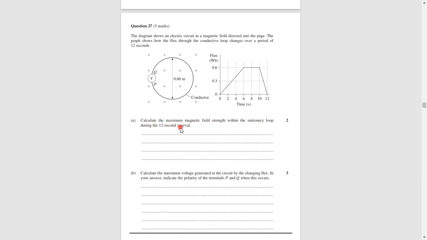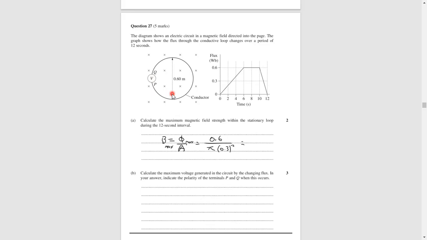Well, remember, magnetic field strength is basically magnetic flux density. So if you want maximum B, then you want maximum phi. This graph is phi. So maximum is 0.6 for the maximum. And the area, you're not told, so you're going to have to work it out. There's a circle. So it's pi r squared, which is pi times 0.3 squared.